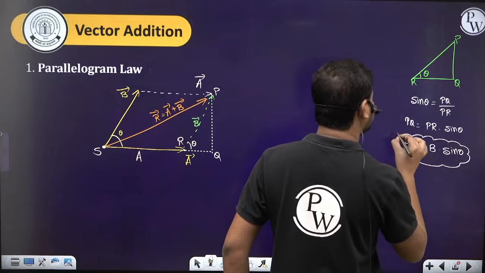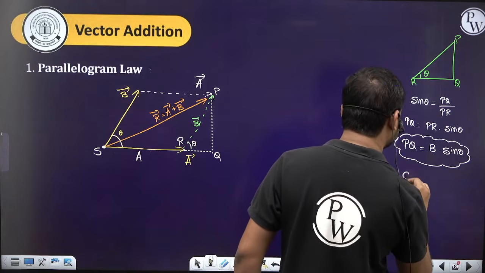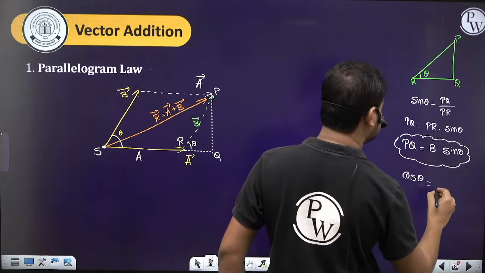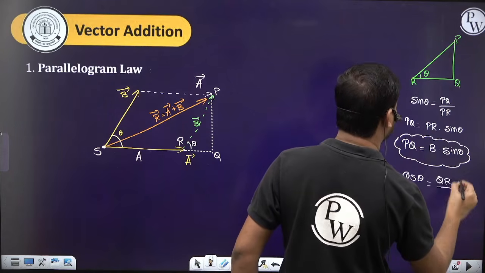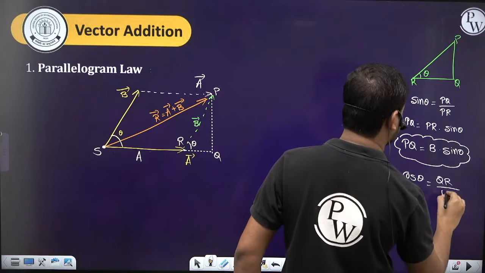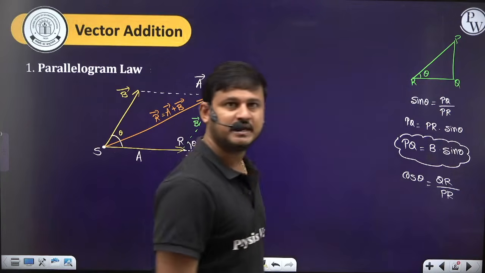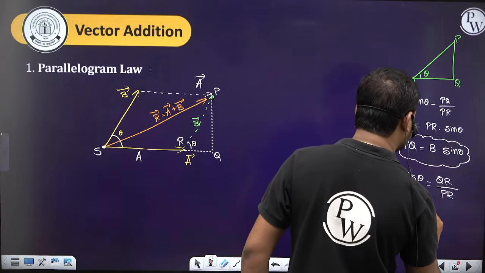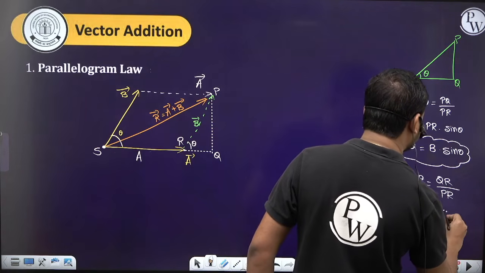In a similar way, let me write what is cos theta. Cos is adjacent by hypotenuse. Adjacent is QR, hypotenuse is PR. QR by PR, right? So QR is equal to PR cos theta.